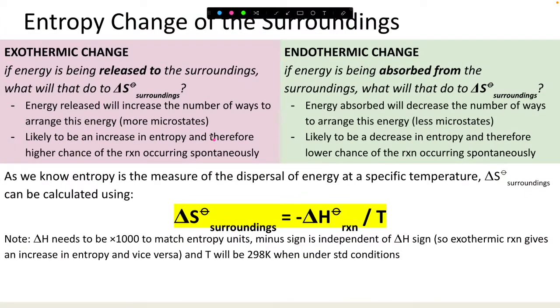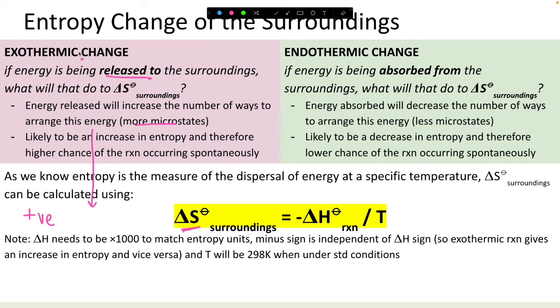So why is that minus sign there? Well, we said that an exothermic change, with energy being released to the surroundings, is very much going to increase the entropy of the surroundings. More microstates, more disorder. So if we have an exothermic change, we need to end up with a positive value for ΔS, because that's saying an increase in entropy.